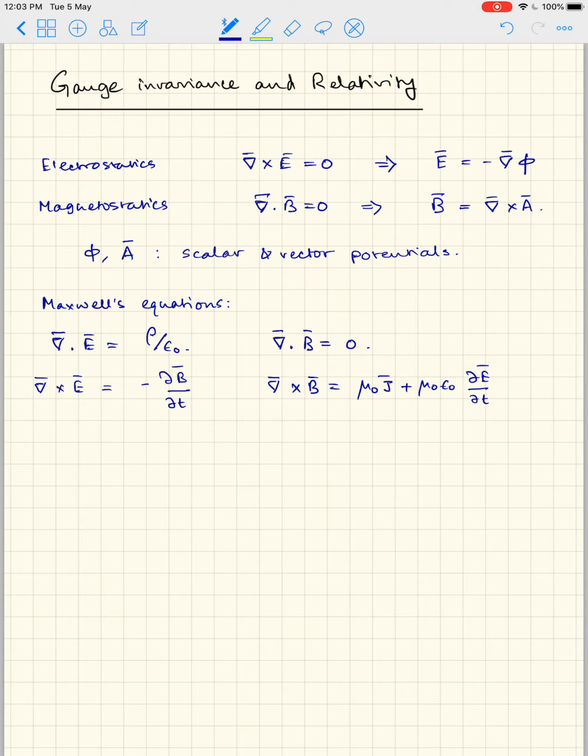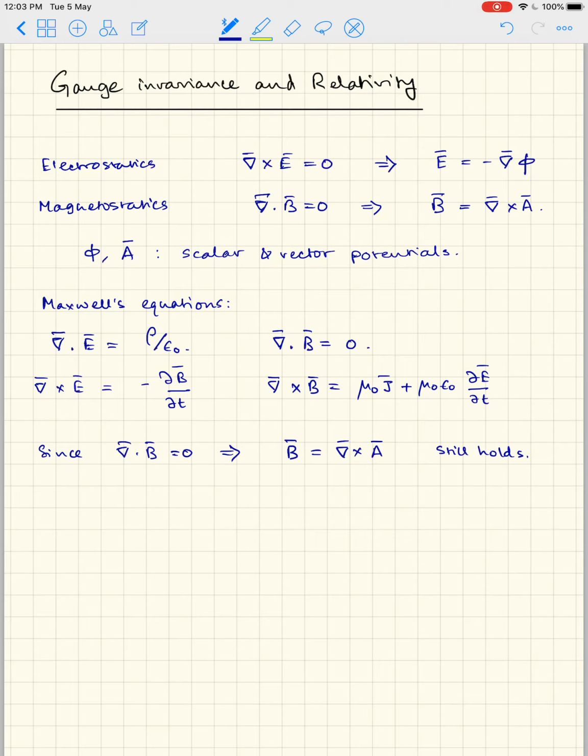Now you see del dot B is still equal to 0. So since del dot B is equal to 0, we can write B as the curl of a vector potential. This still holds. But del cross E is no longer equal to 0, right? So that has to be changed. And the change is pretty straightforward.